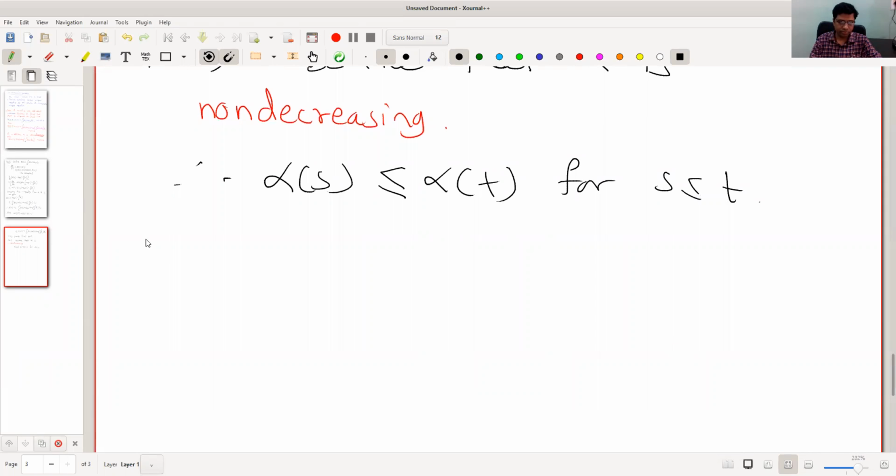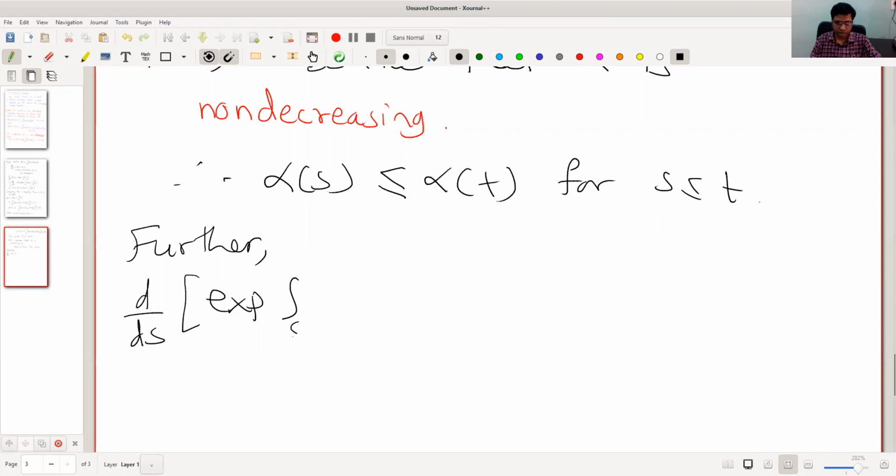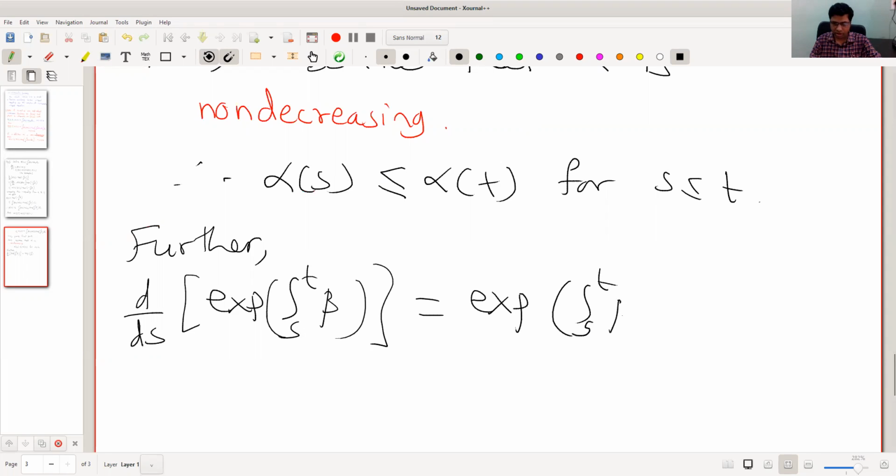Further, let us observe one thing. What is d by ds of e raised to integral from s to t beta? It is first thing exponential, so it is as it is exponential integral from s to t beta.